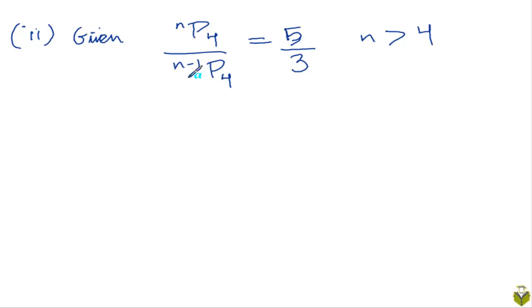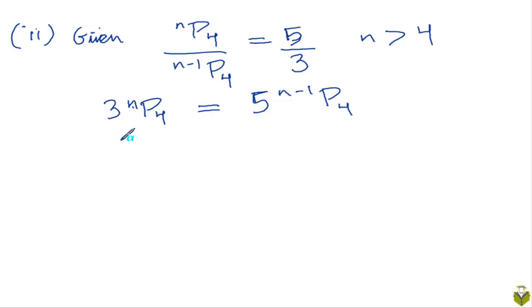So now we just try to solve for n, right? I'll just cross multiply these two and these two numbers, so that it's a little bit easier. So 3 times nP4 is equal to 5 times (n minus 1)P4, right?